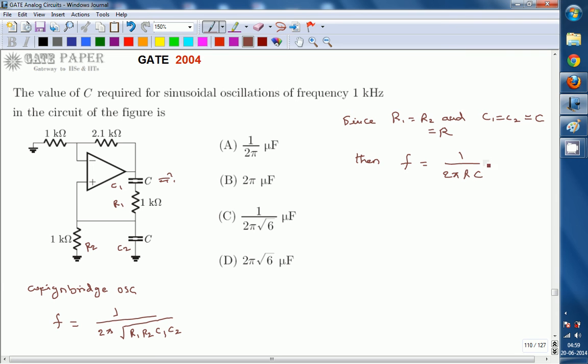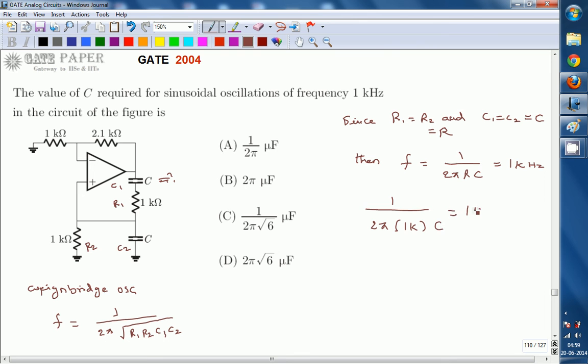So here we are interested in f, the frequency of oscillation generated by the circuit, which is given as 1 kHz. So 1 kHz equals 1 by 2 pi times R, which is 1 kilo ohm, into C, which is what we are going to calculate.